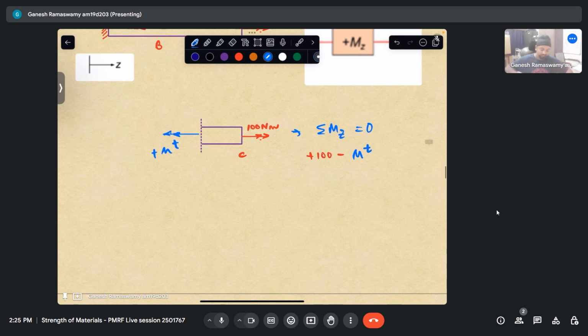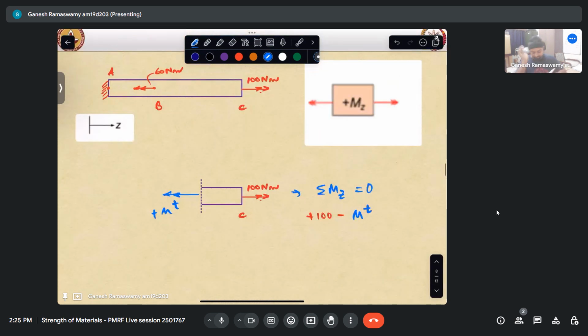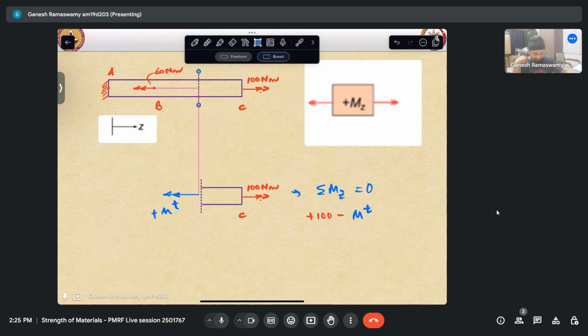So let this be like this. So wherever we have cut, it is at some z, some value of z.